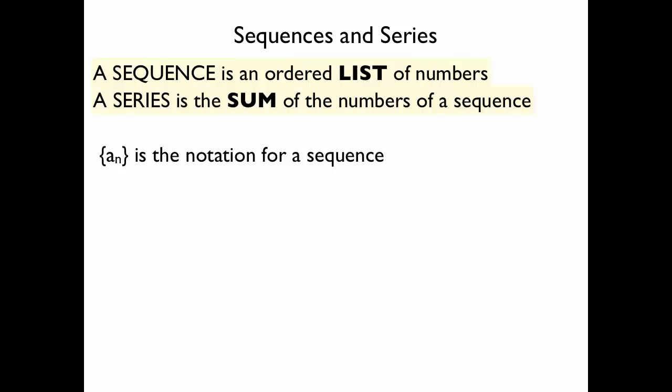Okay, so the notation for a sequence is we use braces. We often use a sub n or b sub n, it doesn't have to be a sub n. Another way to write that is like this. a1 is the first value in the sequence. a2 is the second. a3 is the third.